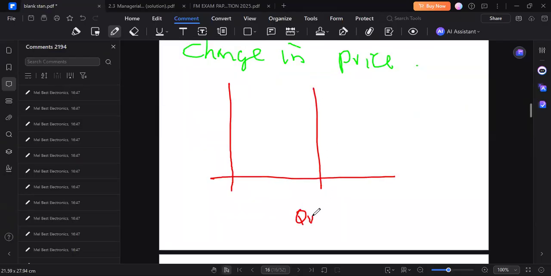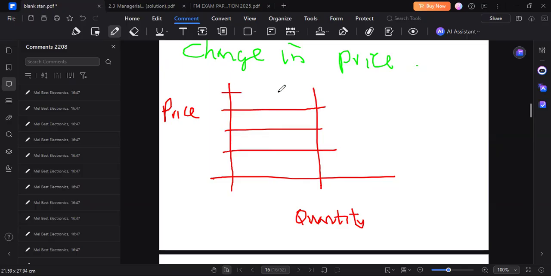Here you have the quantity and the price. No change in quantity, but a change in price. So you can demand the same 20 units of the commodity even if the price becomes 50, 100, 150, 200, you can still demand.